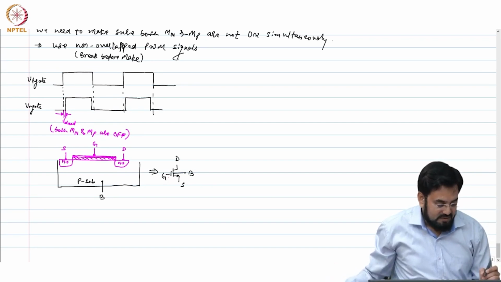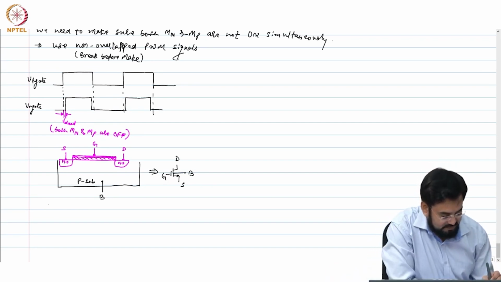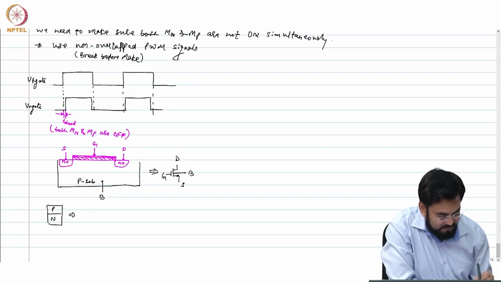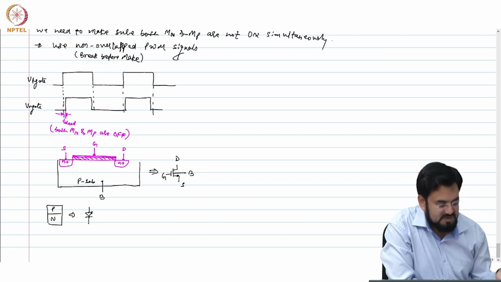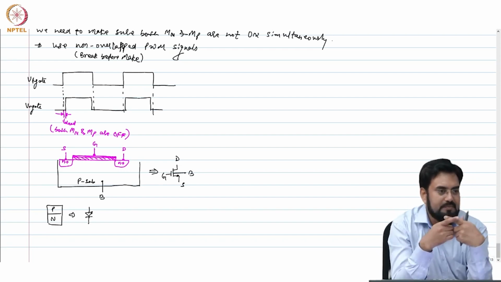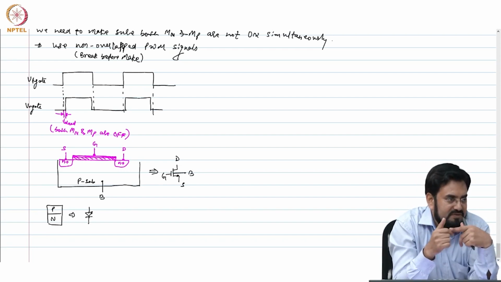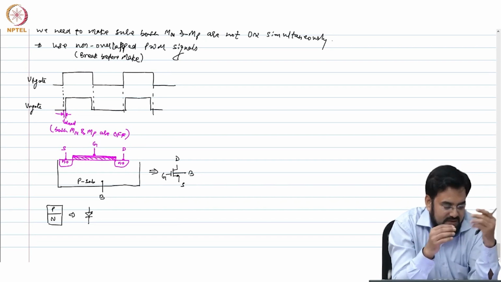So what is a diode? This is your diode. Wherever p-type diffusion and n-type diffusion meet, that will form a diode.